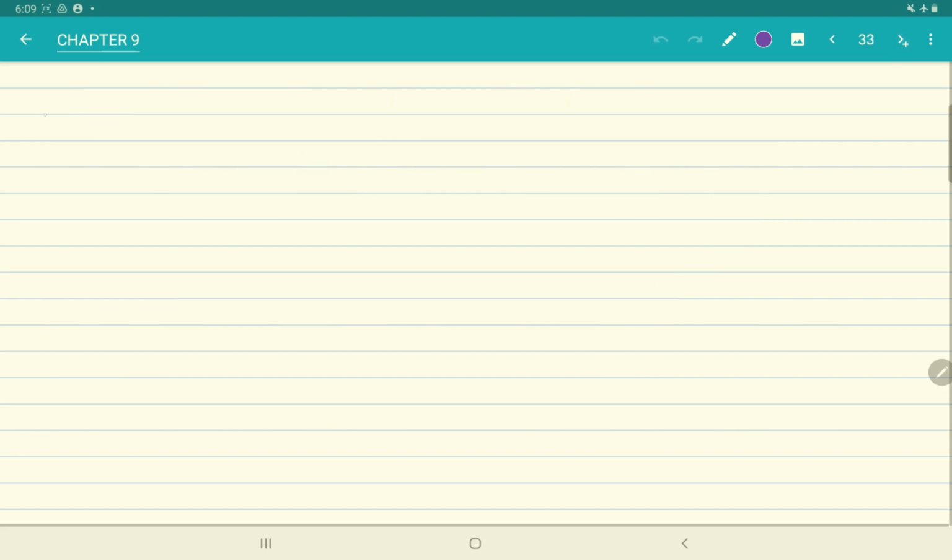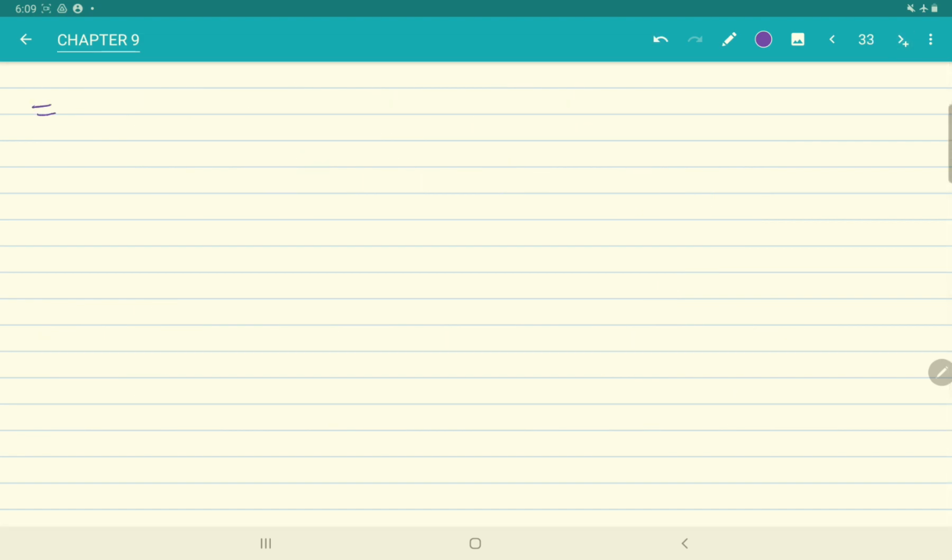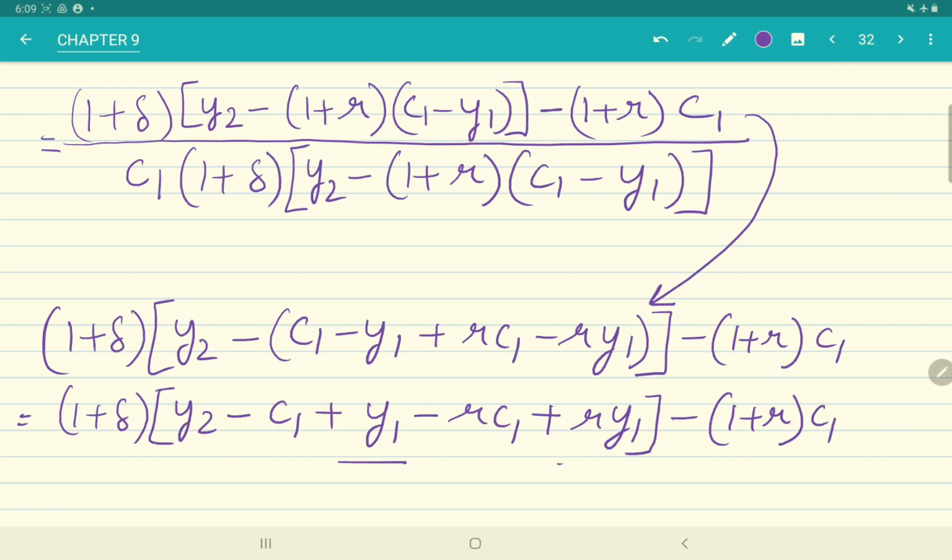This can then be written as 1 plus delta. Then we have, if we take up y1, there is y1 plus ry1 here. So we take up (1 plus r) y1, and if you take up c1, you have minus 1 here, and you have minus r here.